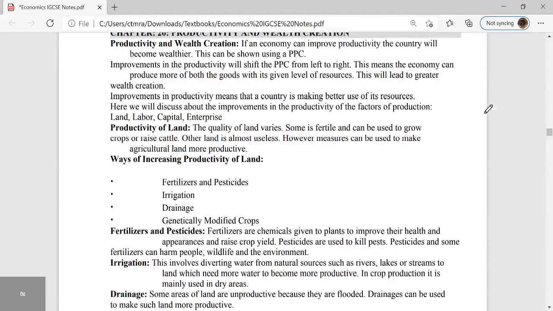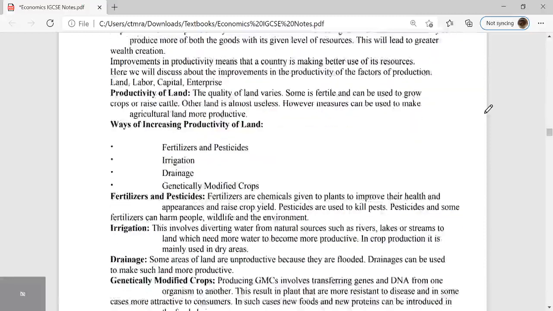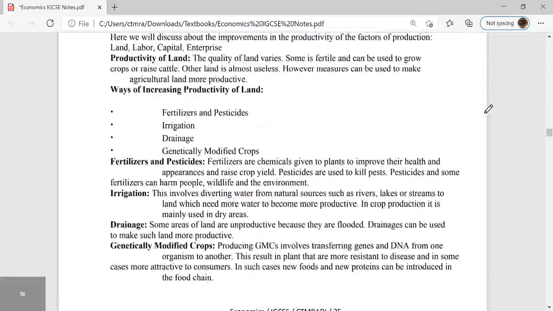Suppose productivity of land, an important natural resource. How can we improve it? We can use fertilizer and pesticides, which will increase the output. Then irrigation and drainage systems let the land receive enough water, or take away the excess water from the land.